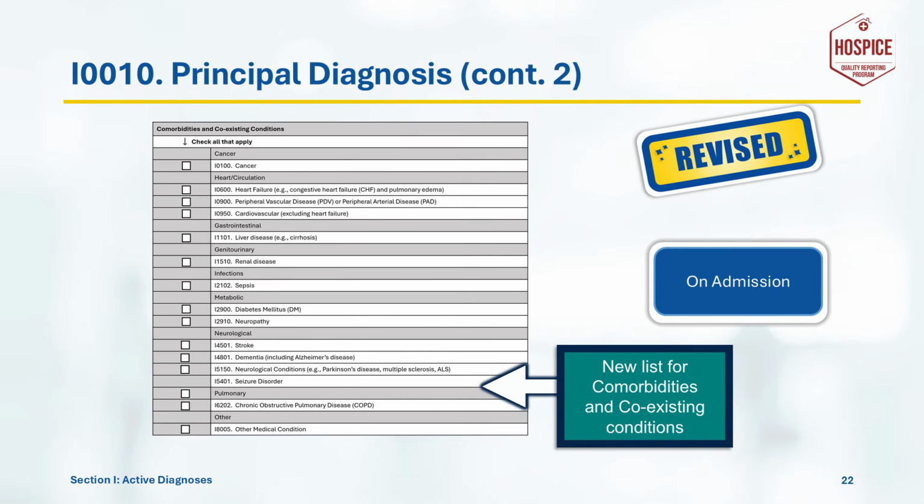Because there are different types of cancer, if the patient has the principal diagnosis of cancer and you've coded I0010 as 01, but the patient has a secondary cancer, you would check I0100 cancer in the comorbidities coexisting conditions list. Otherwise, do not include the principal diagnosis when considering comorbidities or coexisting conditions. Remember that this is part of the principal diagnosis item, not a separate item.